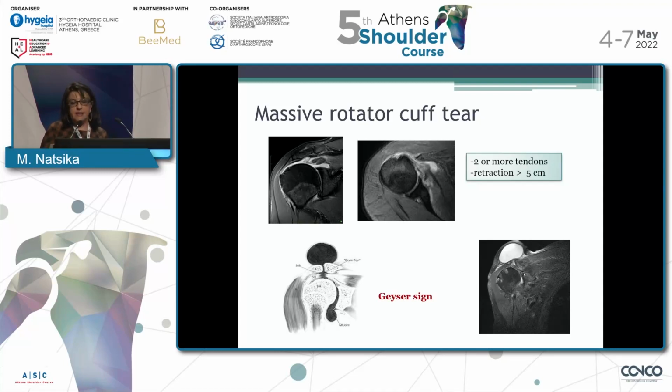It's because of the altered biomechanics of the movement of the fluid, so it migrates upwards, and it can produce these cysts that are produced due to the geyser phenomenon. It's the geyser sign. Sometimes, I've seen a patient who came to me. He had forgotten to use his upper extremity because of severe arthrosis, and he came terrified by this lesion because he thought that it was a tumor.